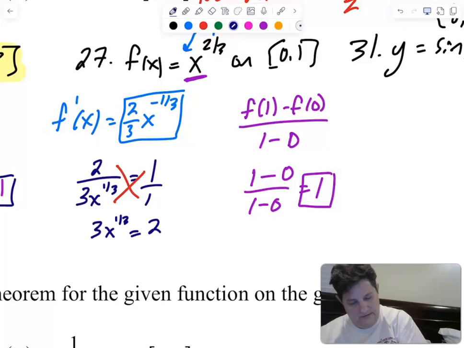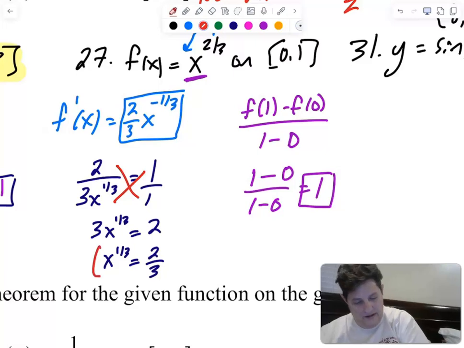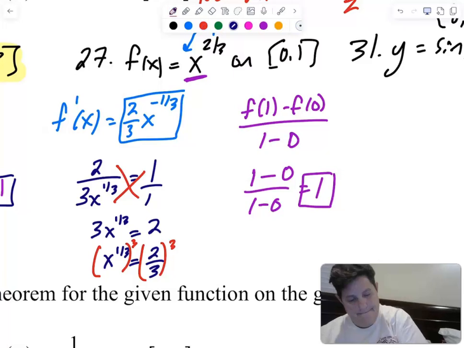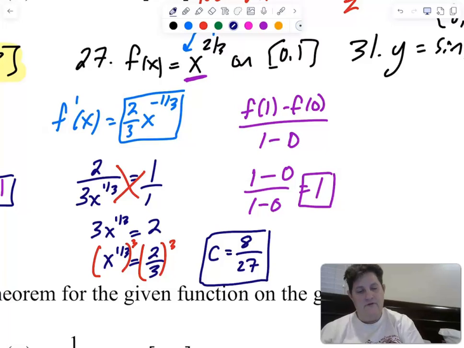X to the 1/3 is 2/3. And then the way that we solve that, to get rid of a 1/3, we actually go third power. So 2/3 cubed is 8 over 27. Remember to check that it's between 0 and 1.